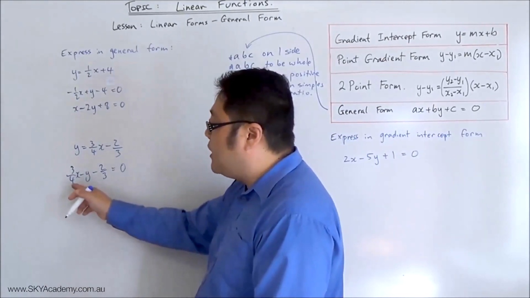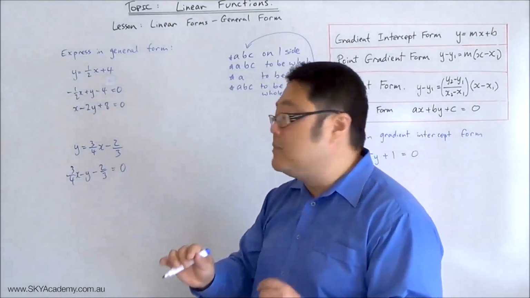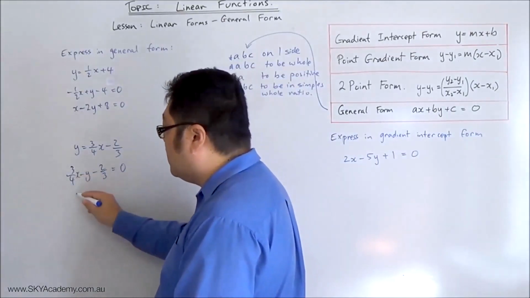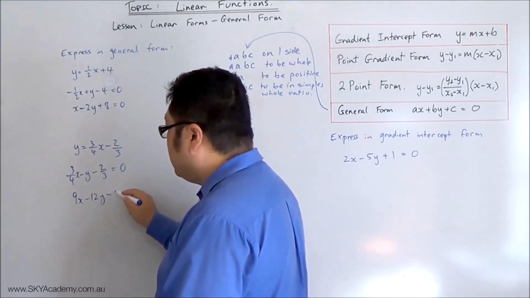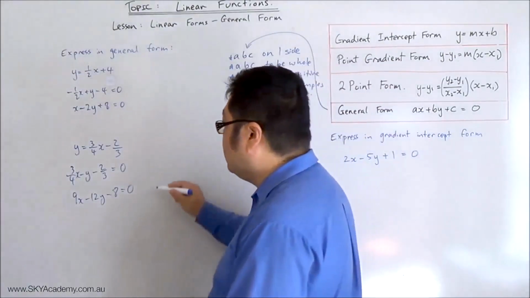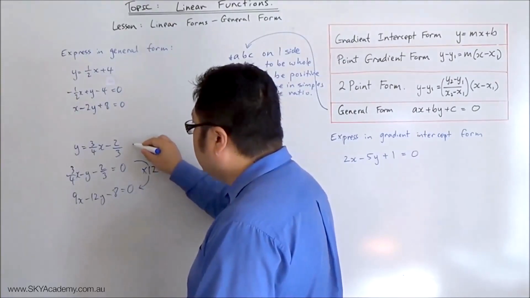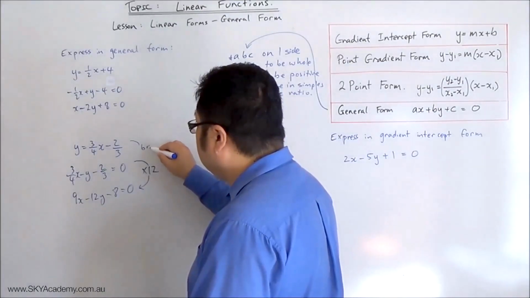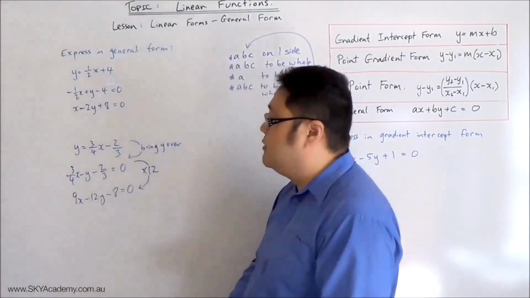You've got a denominator of 4 here and a denominator of 3 there. The lowest common multiple will be 12, so let's multiply everything by 12. 3/4 of 12 is 9x minus 12y minus 8 equals 0.